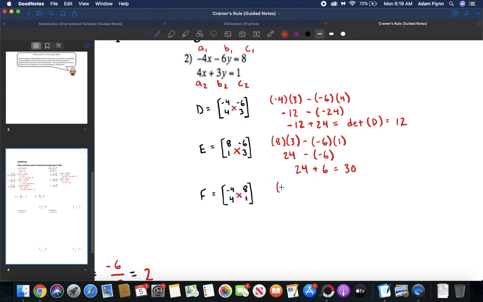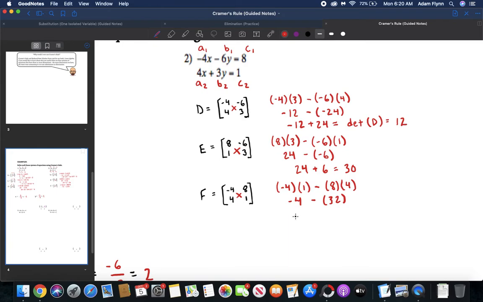So I'm going to have negative 4 times 1 minus 8 times 4. Negative 4 times 1 is going to be negative 4 minus 8 times 4, which is 32.